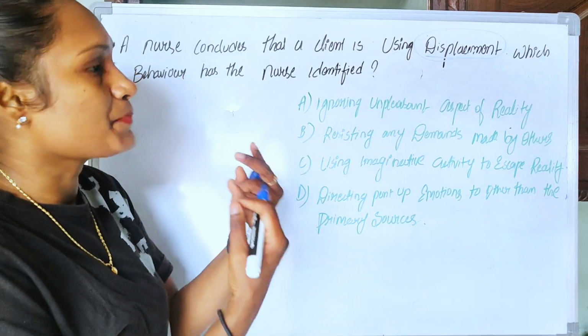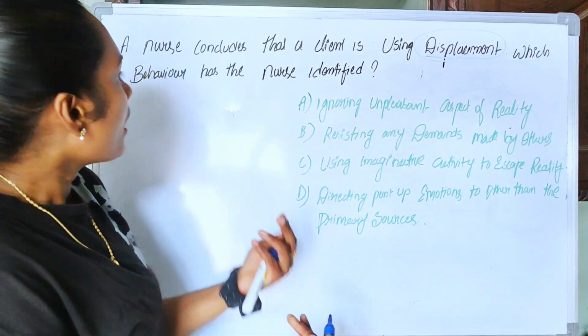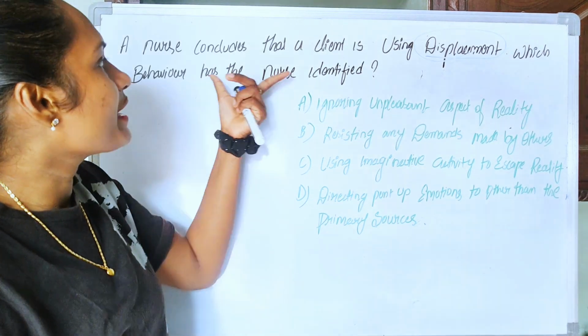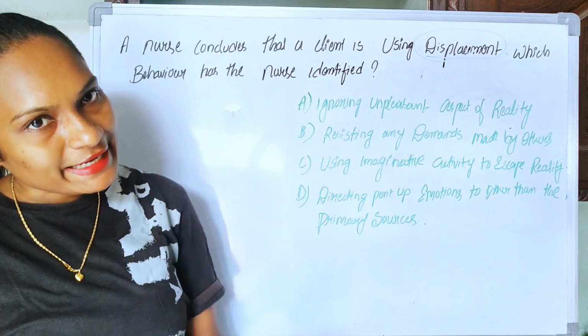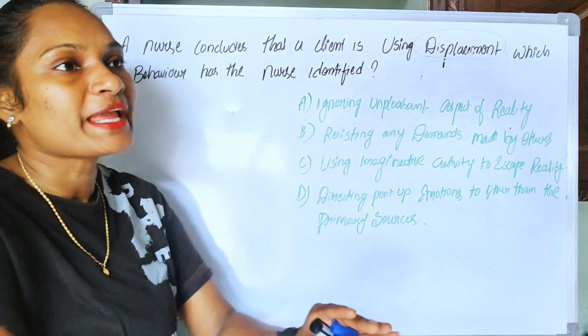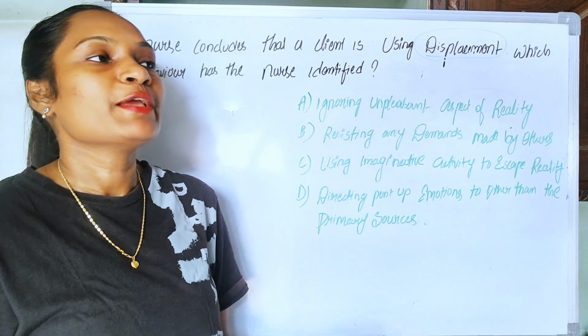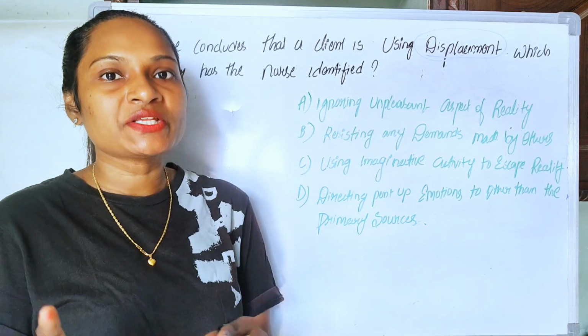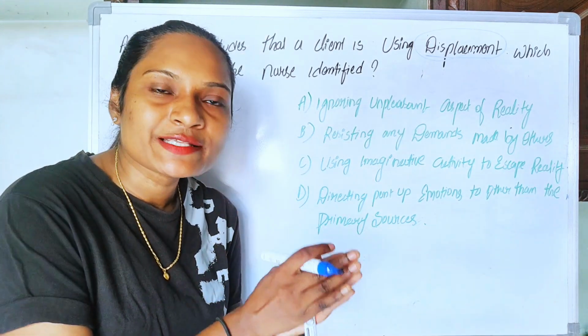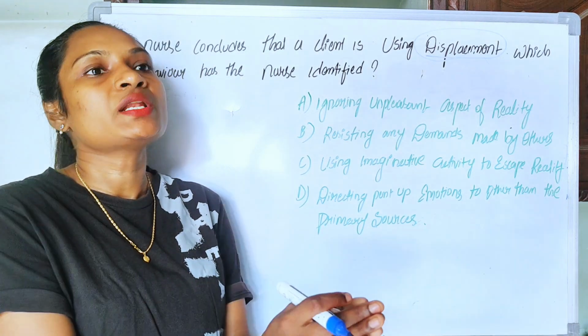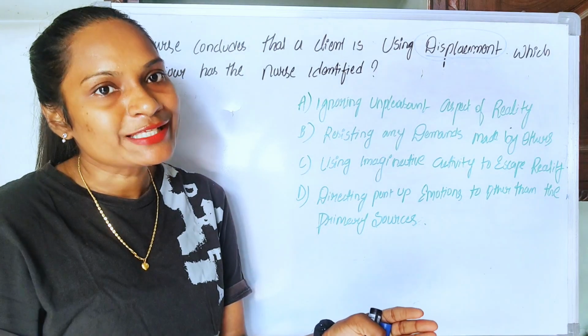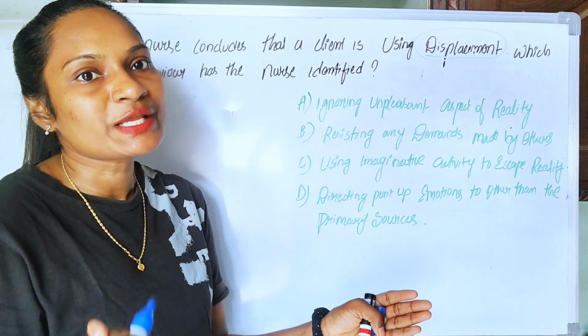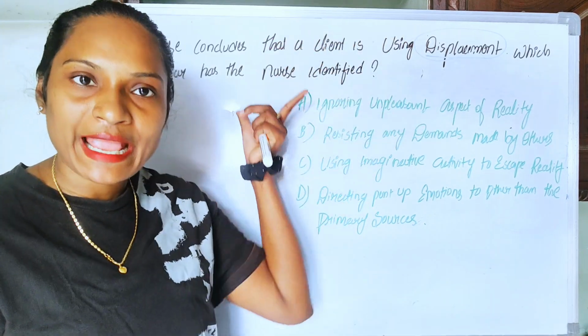They are using some mechanism in that behavior. When will the nurse identify that behavior? When the patient is saying something. First the patient said something, and on the basis of the patient's conversation, the nurse will decide he is using the displacement mechanism.